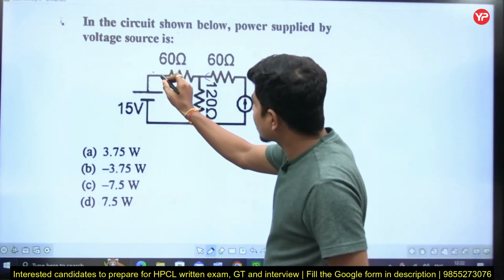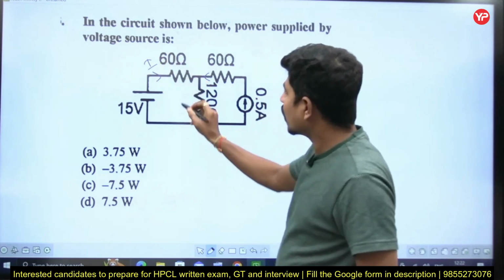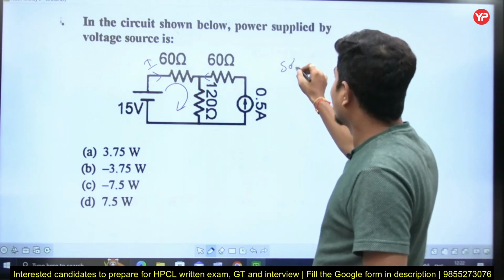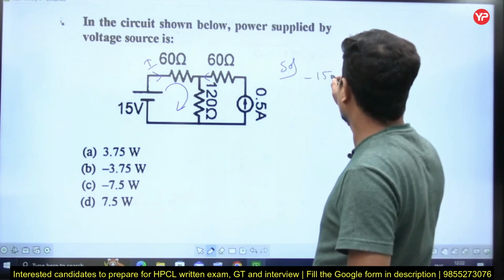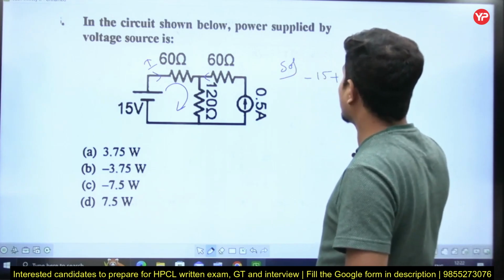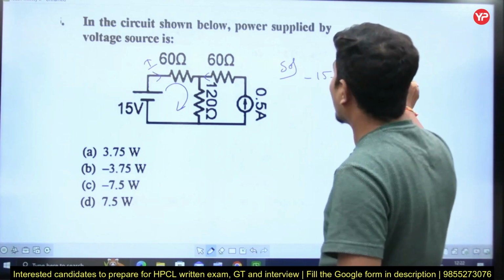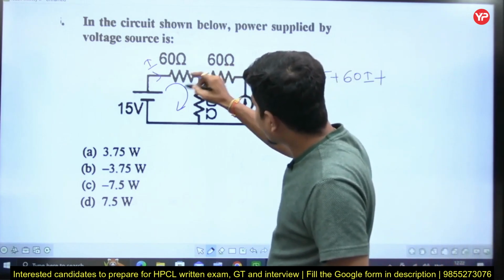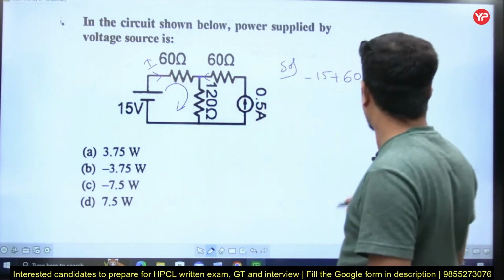So I assume this current has some I, and I write the KVL for this loop. Then what I'm going to get? I'm going to get minus 15 plus 60I plus (I plus 0.5) into 120 is equal to 0. See, at this node, I is coming as well as 0.5 is also coming.